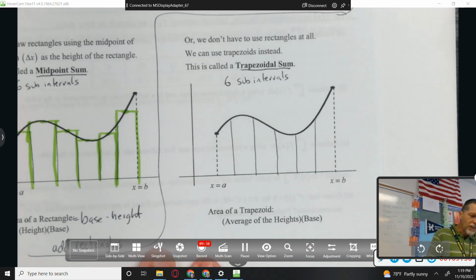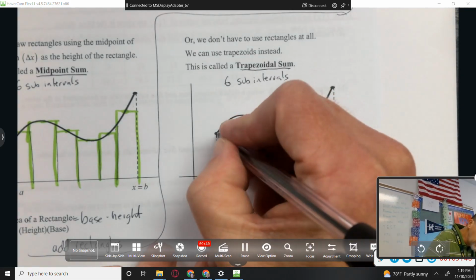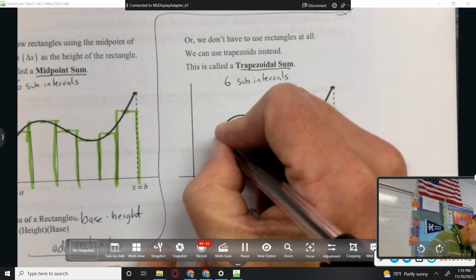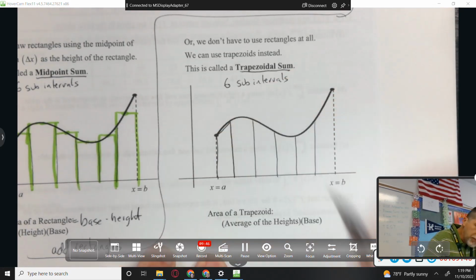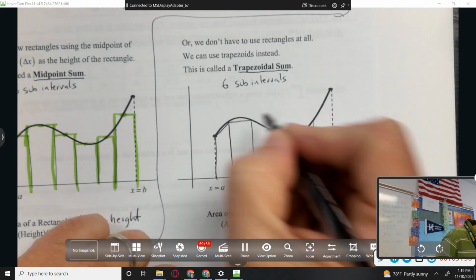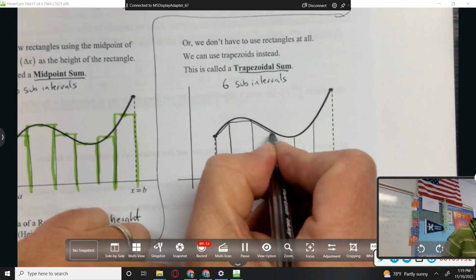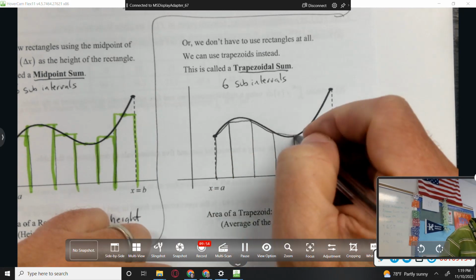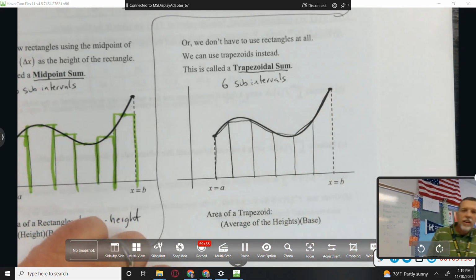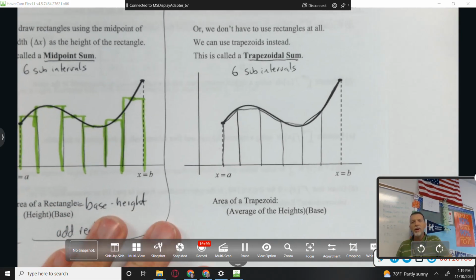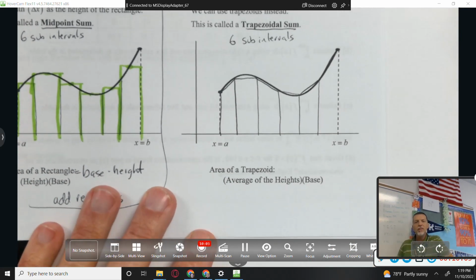This one's kind of hard to draw because the trapezoids are going to be pretty close to the actual curve. So we find the area of the trapezoids. It tracks the curve pretty well, so a trapezoidal sum is usually pretty accurate.